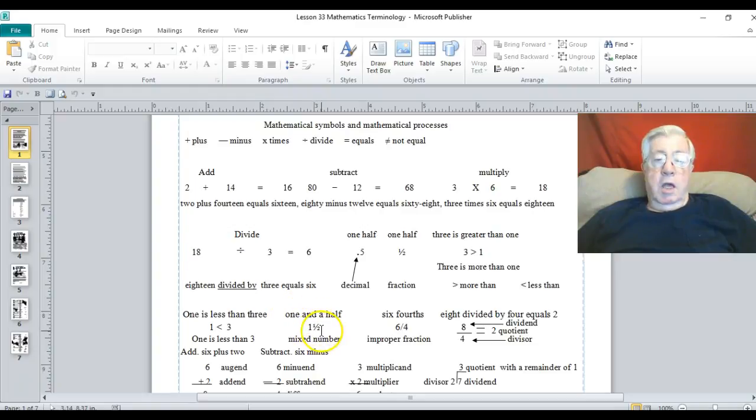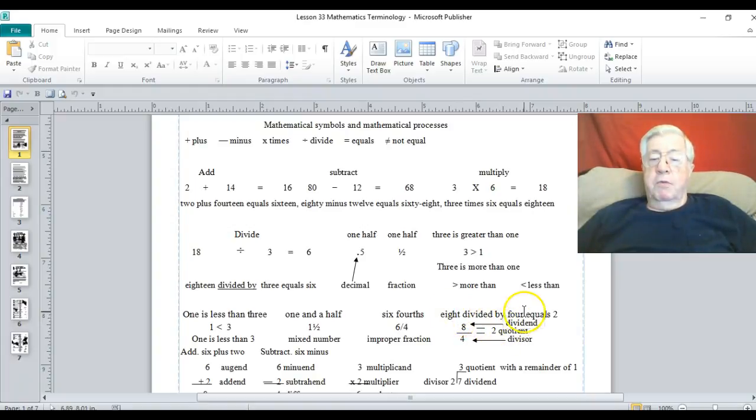One and a half is a mixed number. 6/4 is an improper fraction. The big number on the top, they call it improper.